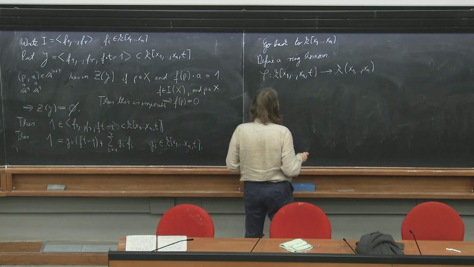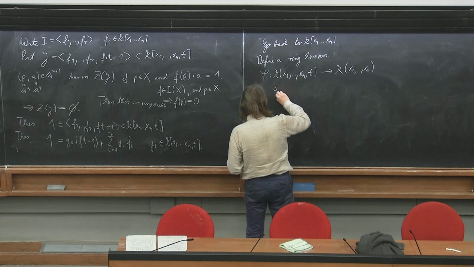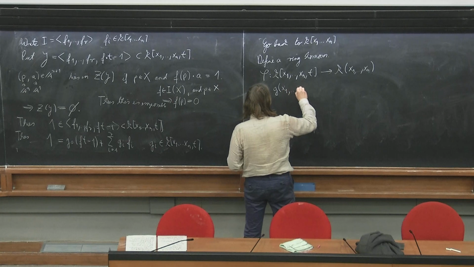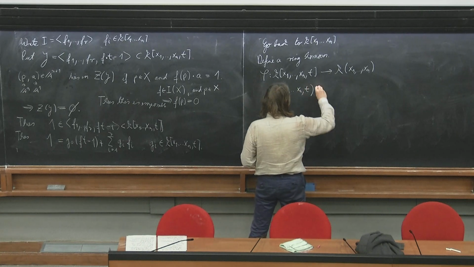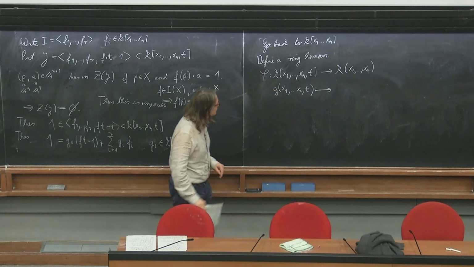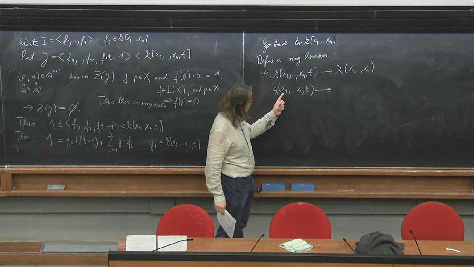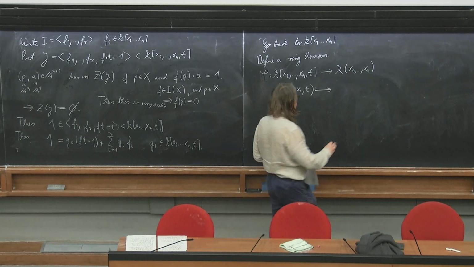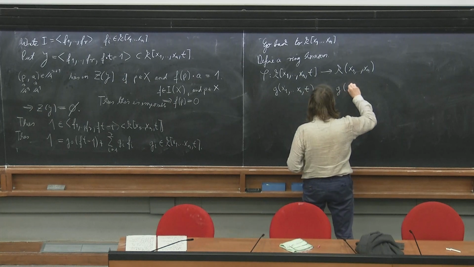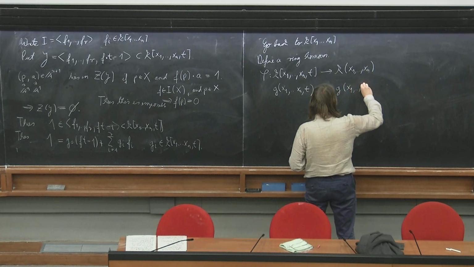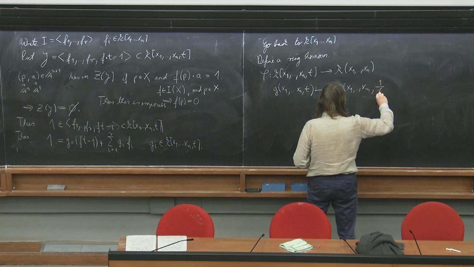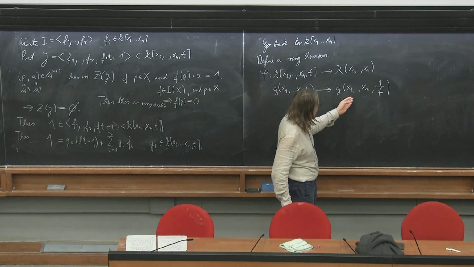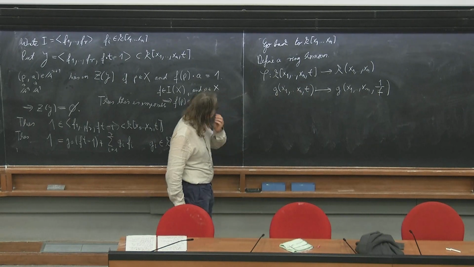If I have any polynomial g in x1 to xn and t, we send it to the same polynomial where we keep the xi the same, but t is replaced by 1 over f. So this f is a non-zero polynomial. This makes complete sense.